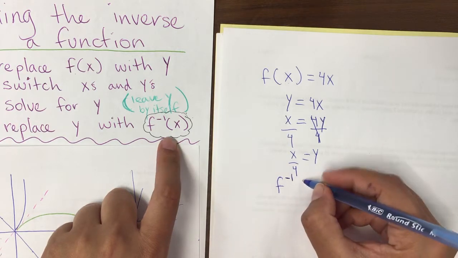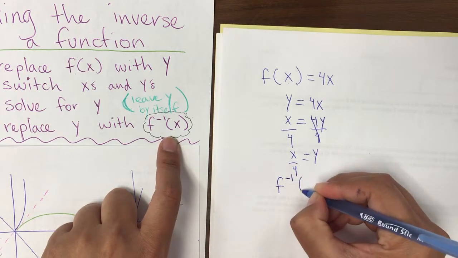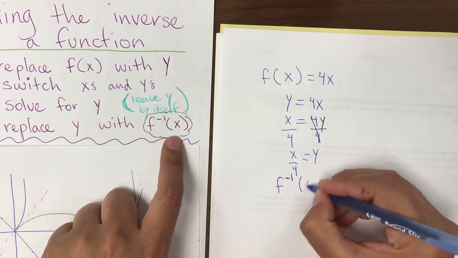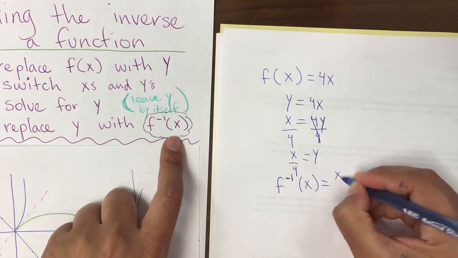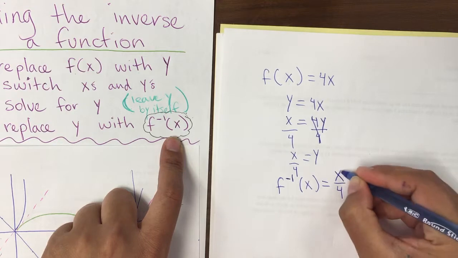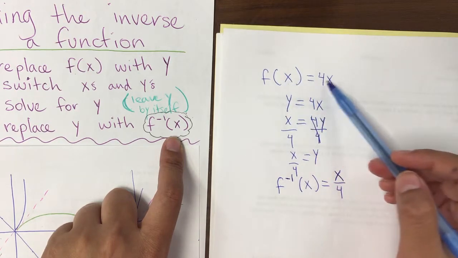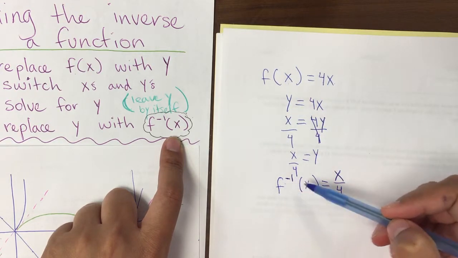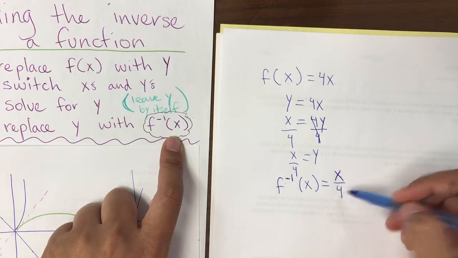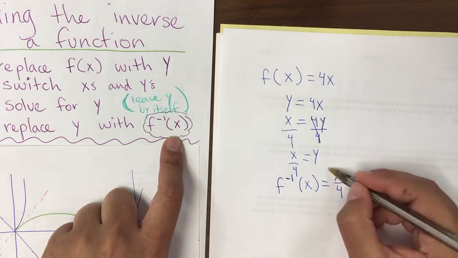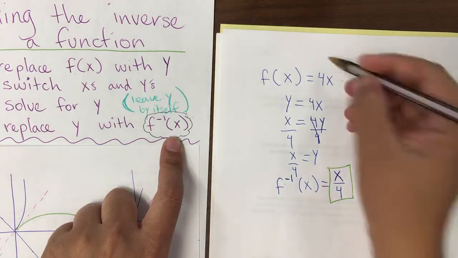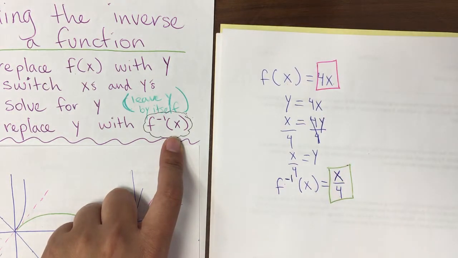This is how it's written. So the inverse function of x is x over 4. So the regular function of x is 4x. The inverse function of x is x over 4. Okay, that's what it means. And I'm going to circle this in different colors so that you can easily replace.